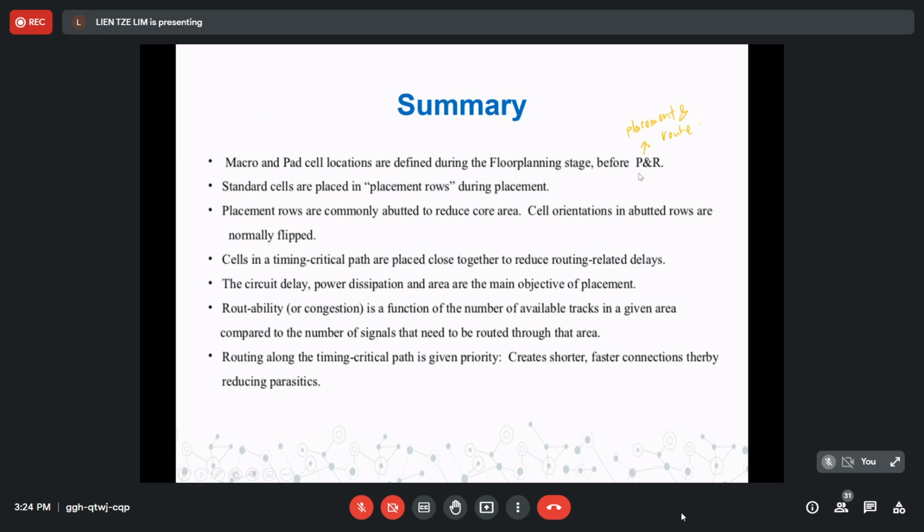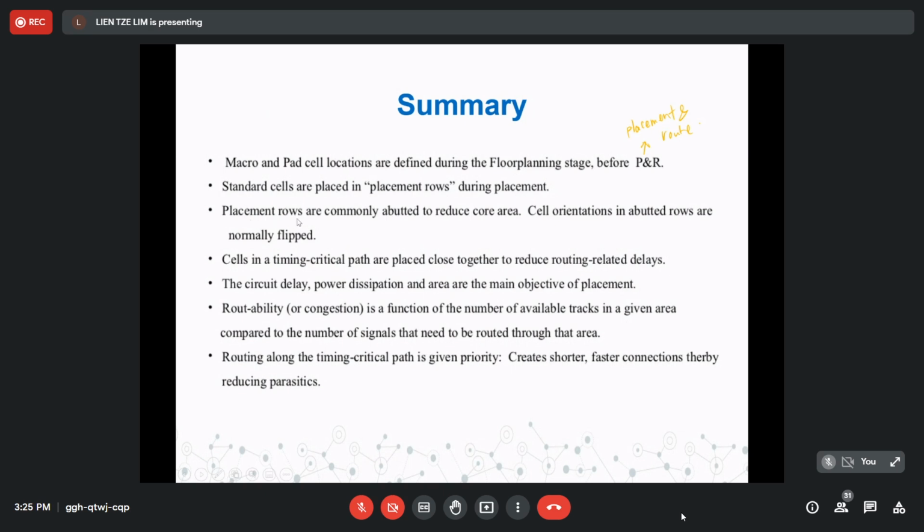Before we do the placements and routes, the locations for the macros and the pad cells have to be determined first. And the standard cells are placed in the placement rows during placement.